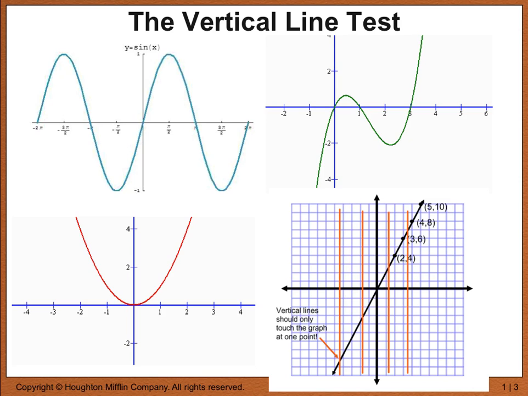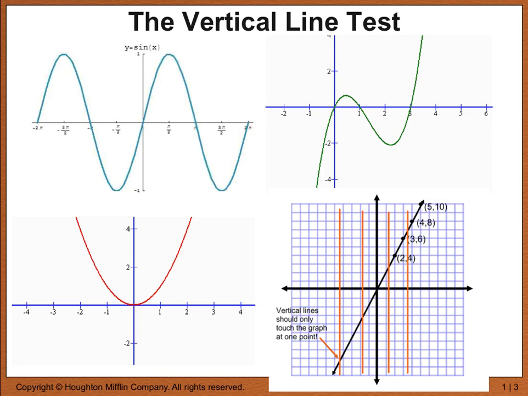That exactly-one part of the definition is important because if an element in the domain is matched to more than one element in the range, then it's not a function, by definition. A function is such that for each element in the domain, there is only one element in the range that goes with it.